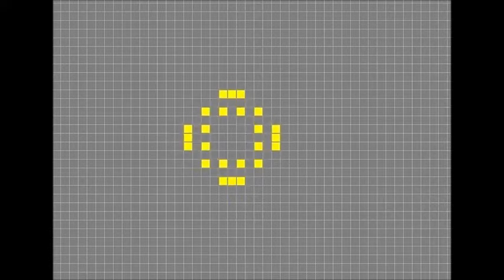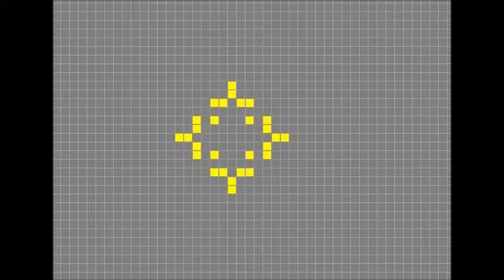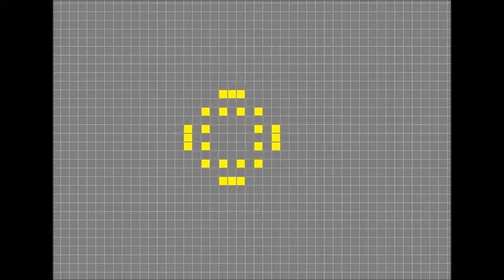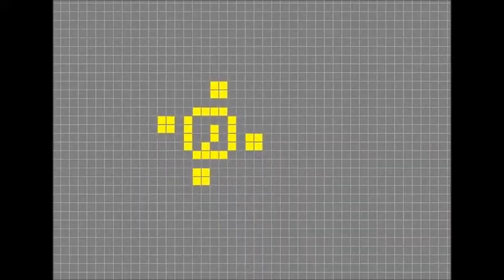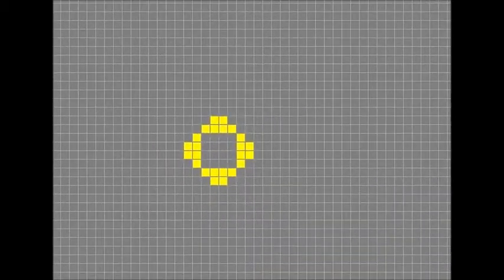There are more examples, however, of structures that include more than 3 generations to return to their starting pattern. The clock is a common 4-generation oscillating pattern. And the octagon takes 5.